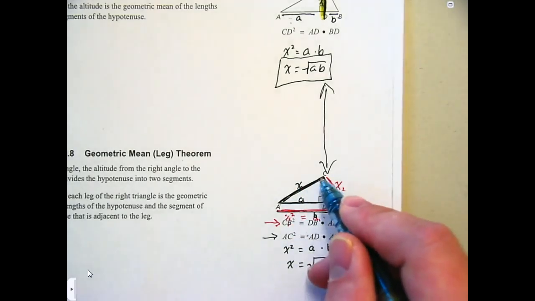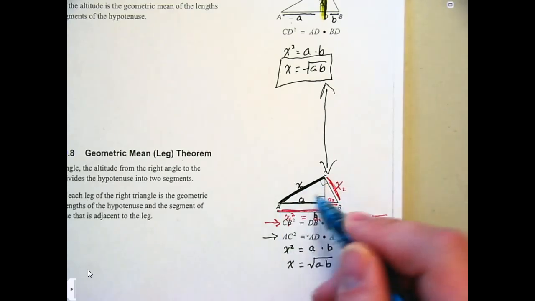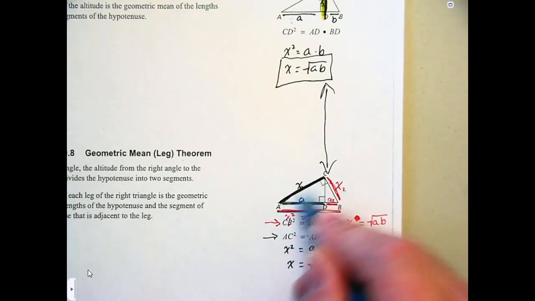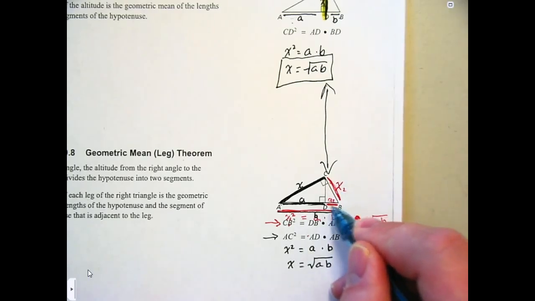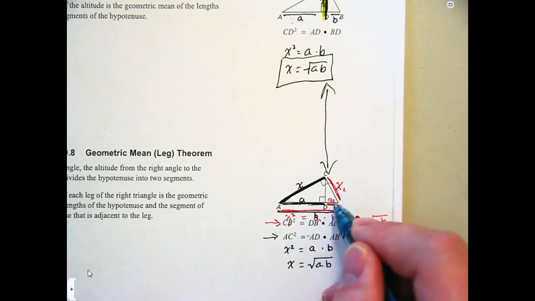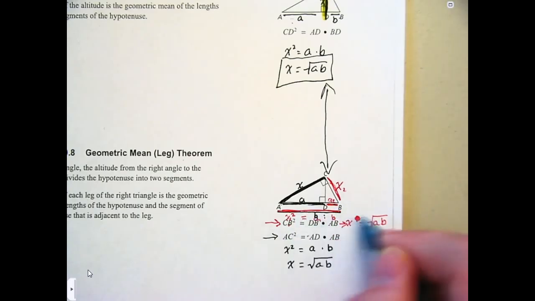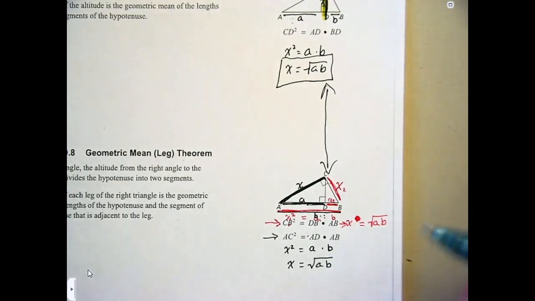So if we take a look at this leg right here, this leg is going to go with the longer length because it's the longer leg. And this leg is going to be with the shorter length because it's the shorter leg. And they're both multiplying either the shorter length times the entire length, or the longer length times the entire length.